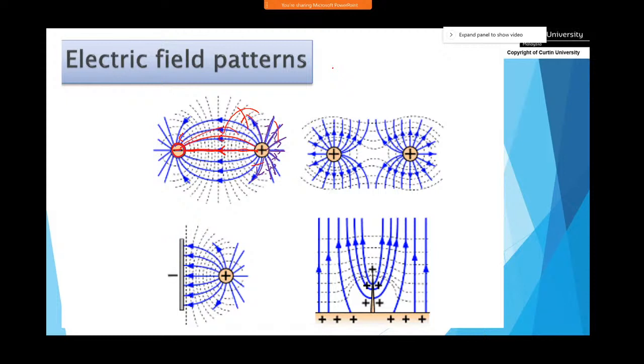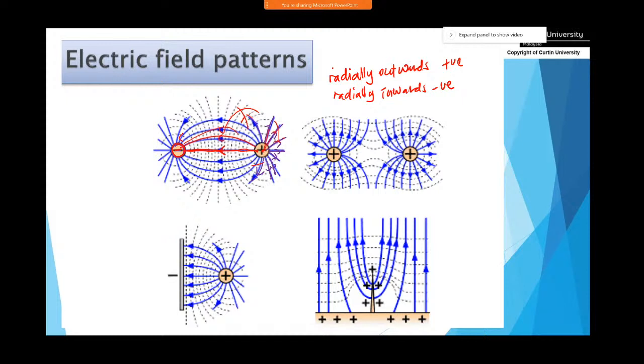But remember, it must be radially. When we mention about radially outwards, for positive charge and radially inwards for negative charge.